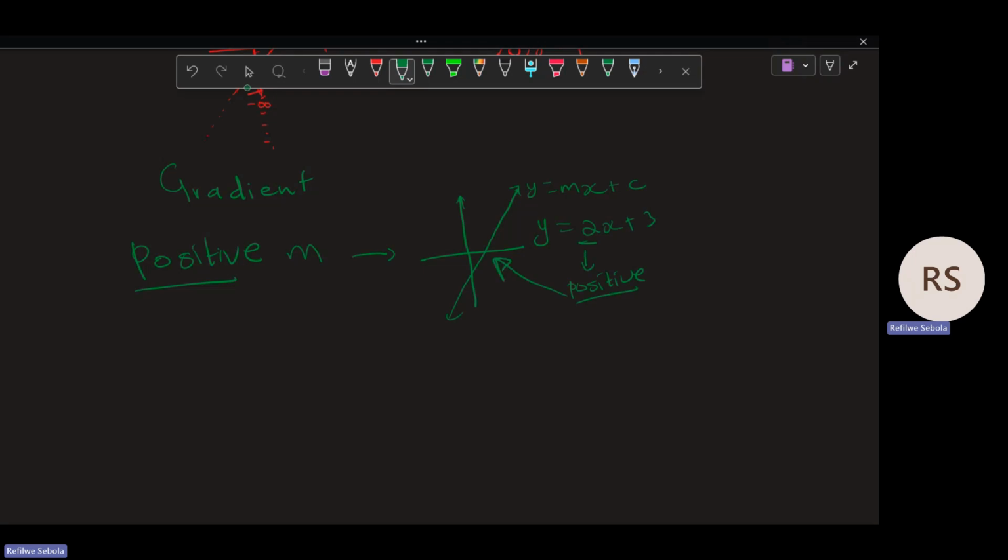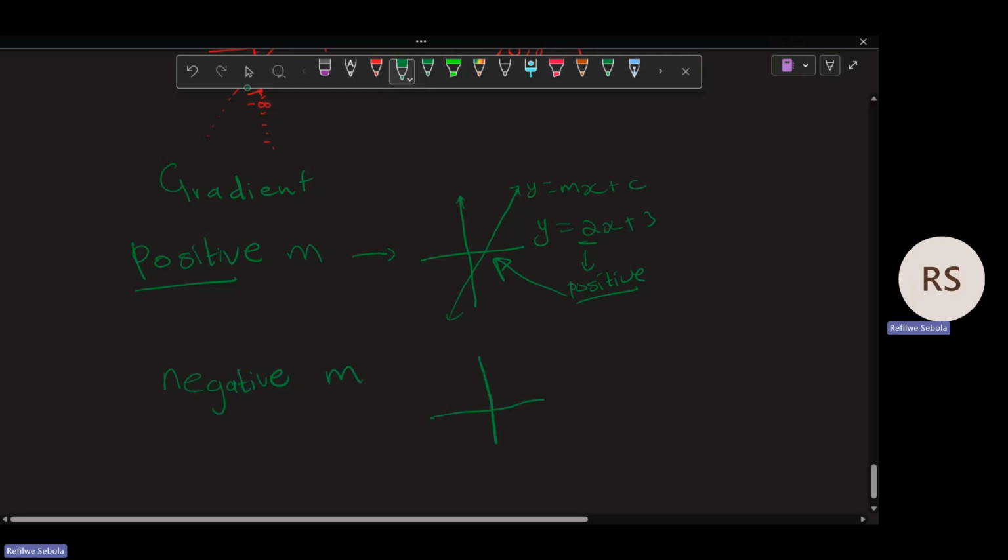And then if we have a negative gradient, it is the opposite of what we have already discussed. The negative gradient will be in this form, the straight line.